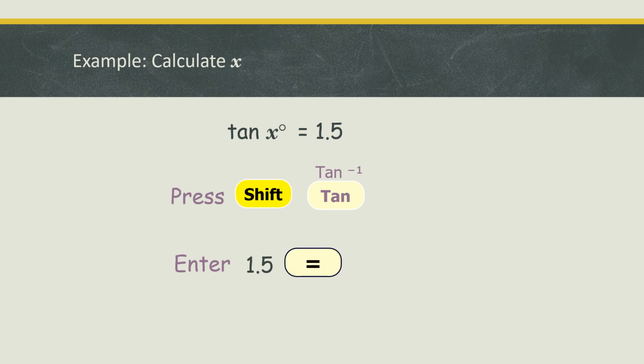And then we're going to press equals, and that's going to give us an x value of 56.3 degrees. And you can see there, the way we would write it down for our working out is tan to the -1 in brackets 1.5, because that's what's going to be typed on our calculator screen, and that's going to equal 56.3 degrees to 1 decimal place.